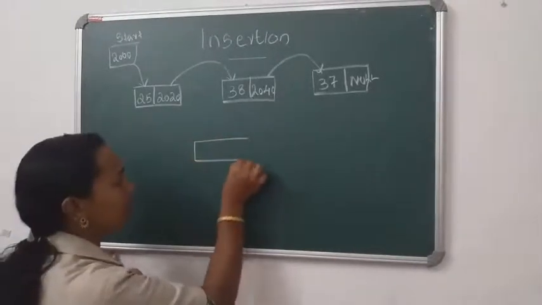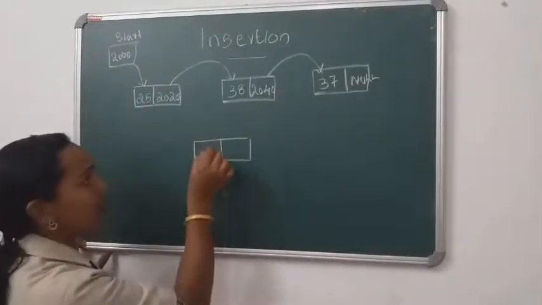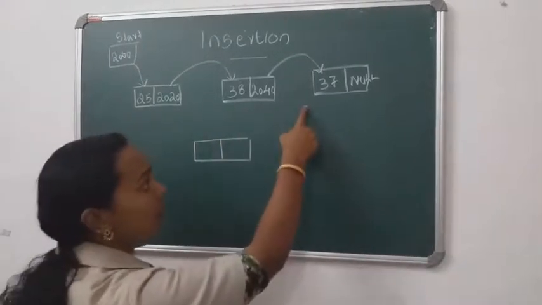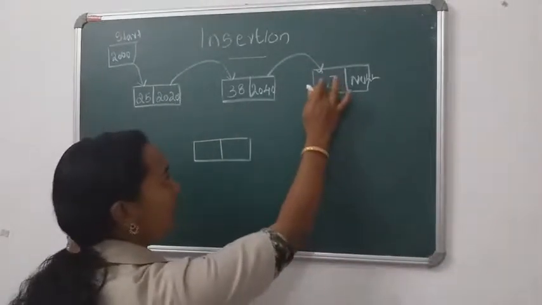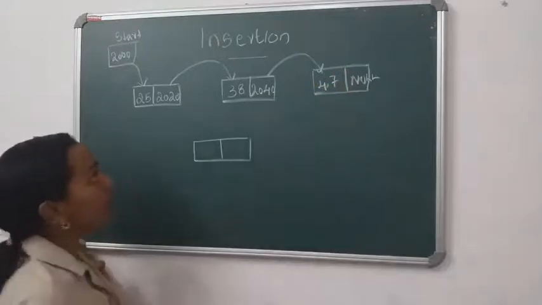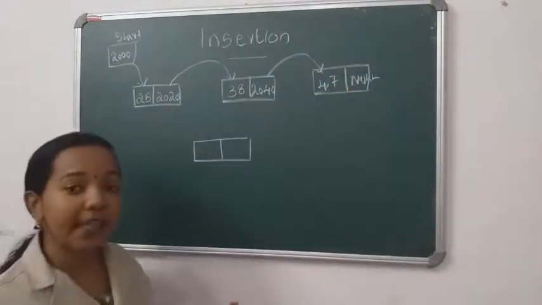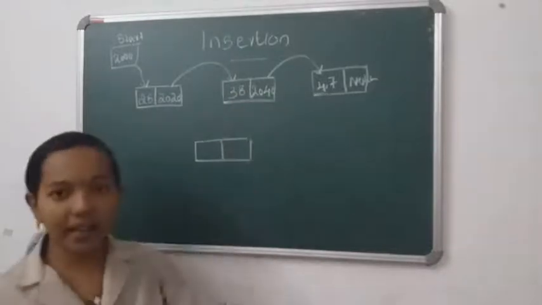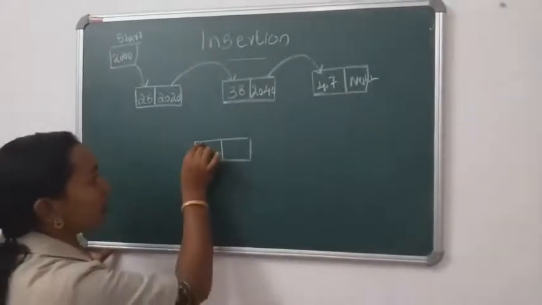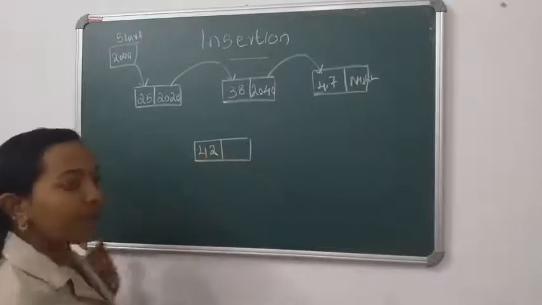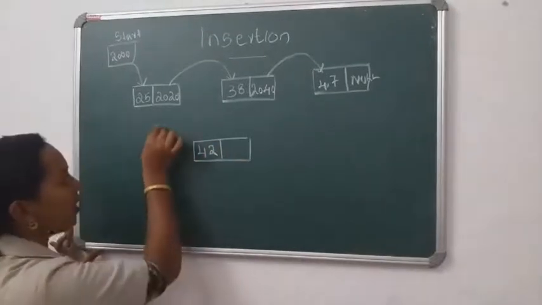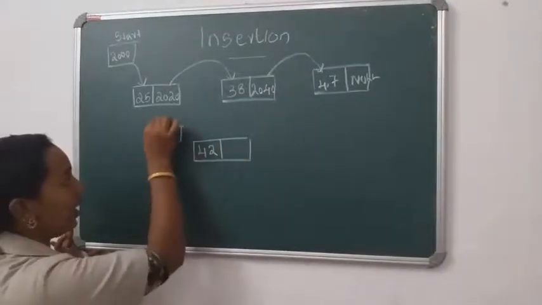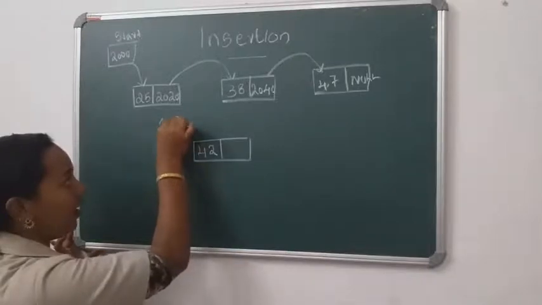Let us assume this node I am going to create. After 38, I am going to insert a node as the third element, between 38 and 47. So here it is 42. Then I am going to store its memory address in a variable called temp.